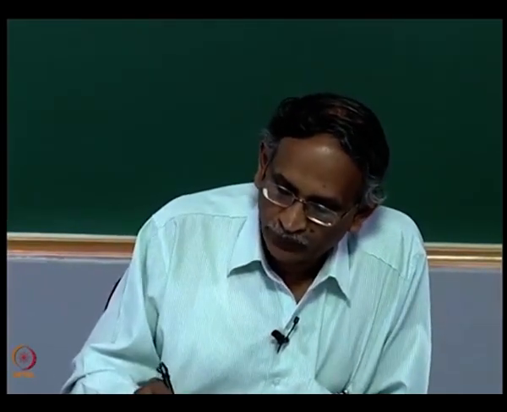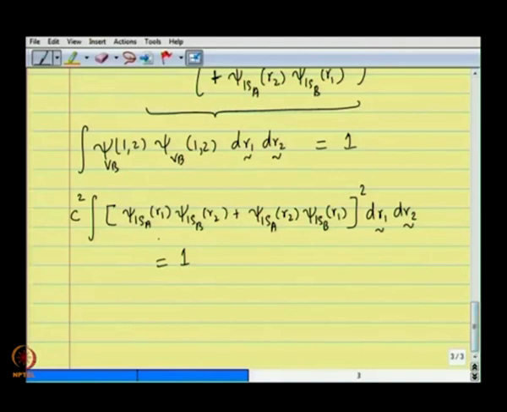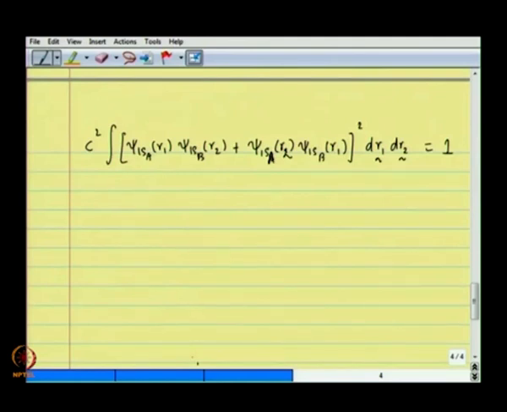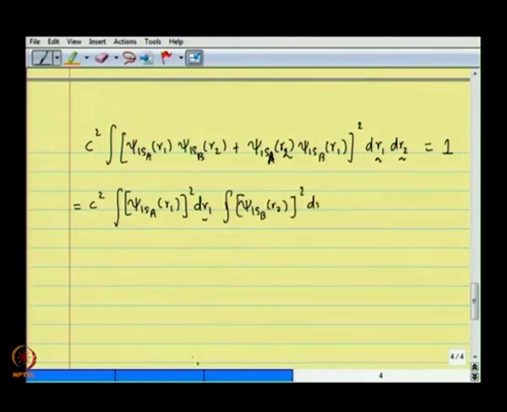That is the total space for both the electrons, and that should be 1, which tells us immediately that we can write this as 4 integrals. So expand this, and we get 4 terms, c squared times the integral of psi 1s A r1 squared d r1 times psi 1s B r2 squared d r2, that is the first term.